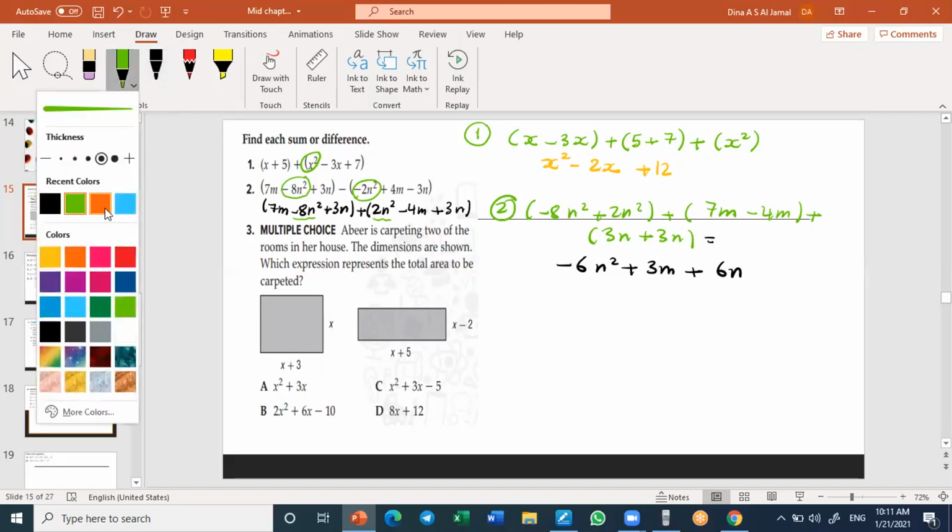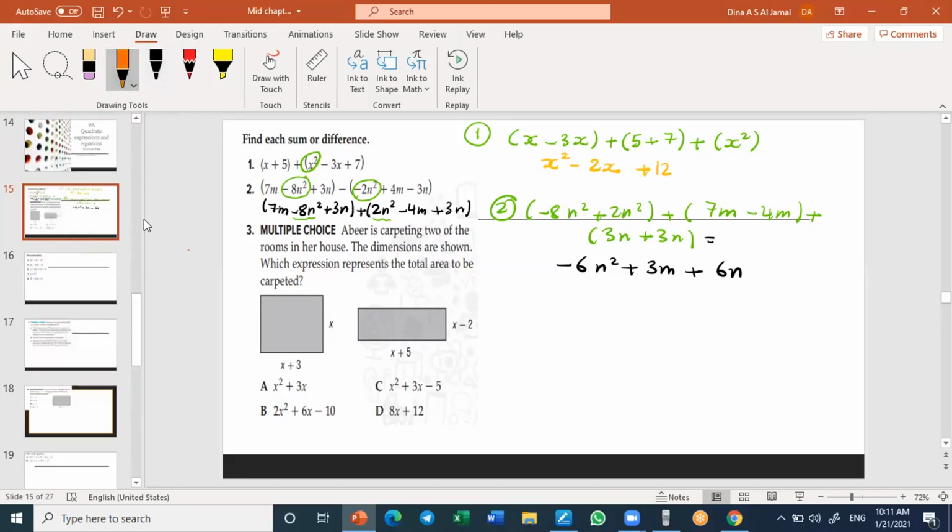Question 3. You have someone called Abir. She is carpeting two of the rooms in her house. This is room 1, or area 1. This is room 2. The dimensions are shown. Which expression represents the total area to be carpeted?